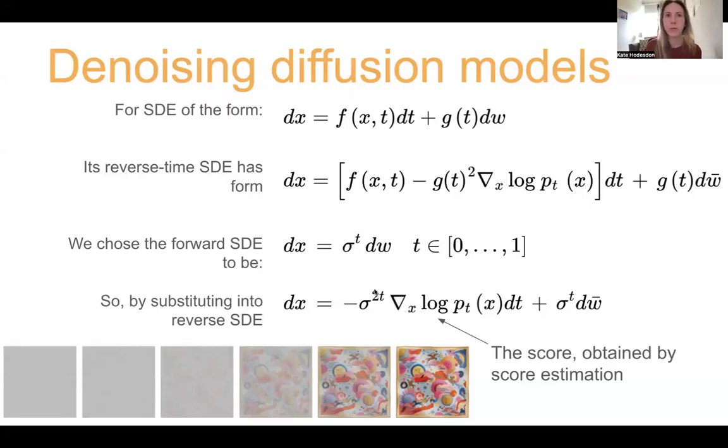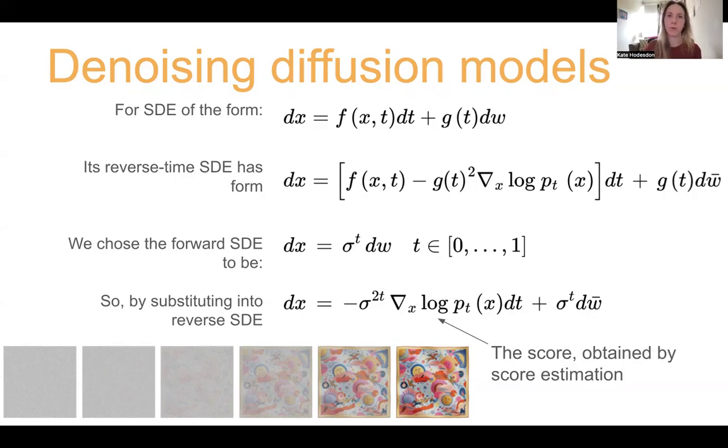So we're then able to solve this reverse SDE, which just means that we can denoise for one time step T. And we do this time step by time step, working backwards from big T to 0 until we're able to sample something that came from the original data distribution.